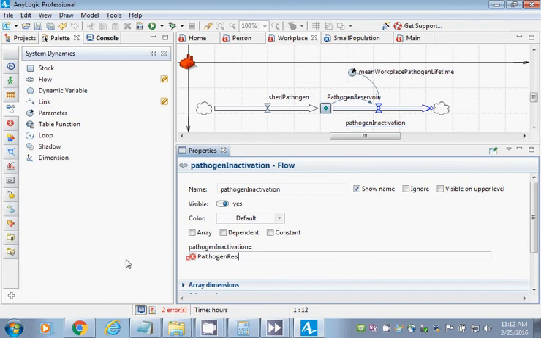That's associated with what's called a first order delay. And that will mean that a given unit of pathogen will tend to reside here with an exponentially distributed residence time with this mean. That's implied by this formula, the mathematics behind it.